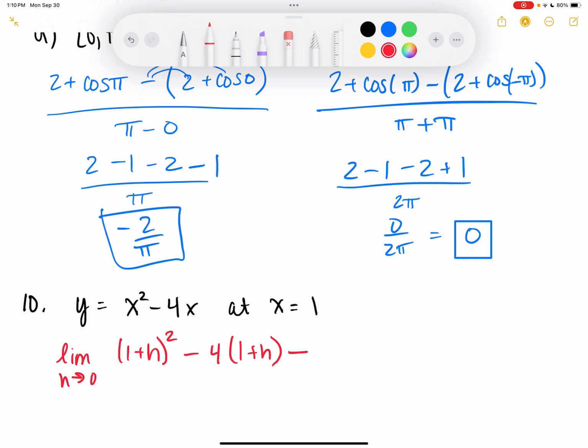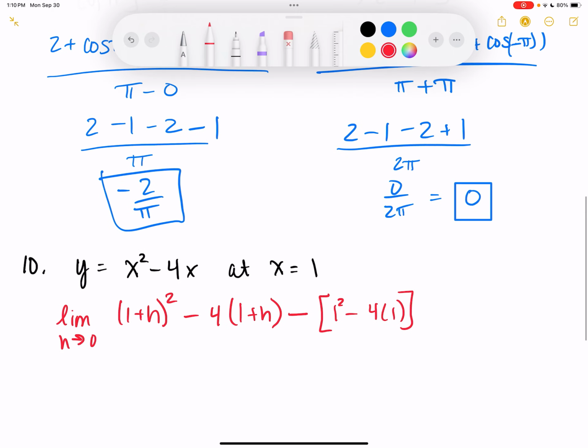Now I'm just plugging in 1, so you don't necessarily have to with this one, but I can. It's just f of a. So I just plug in 1, so that's going to be 1 squared, which is 1 minus 4 times 1. So again, I'm just going to do that for the visual. I'm going to go ahead and do the square just so if you look back, you can see it. If you don't want to write it, that's totally fine. I don't care. Divided by h.